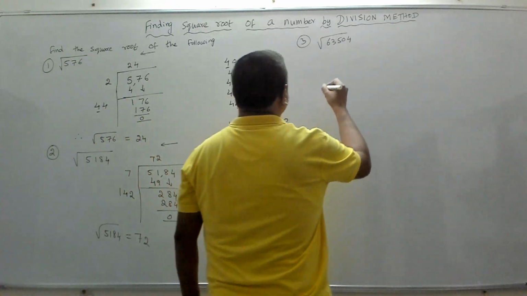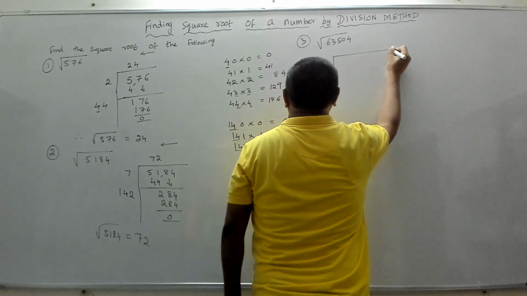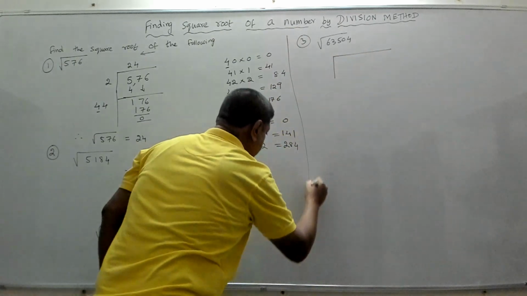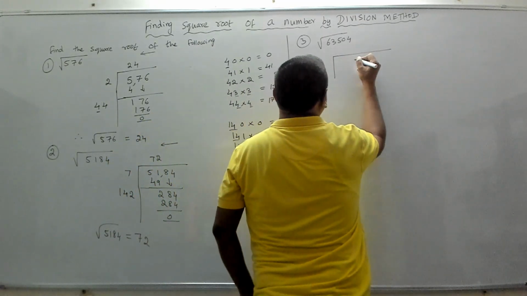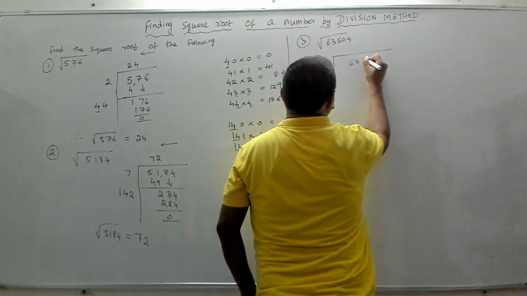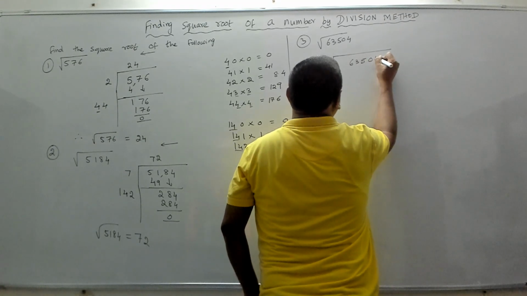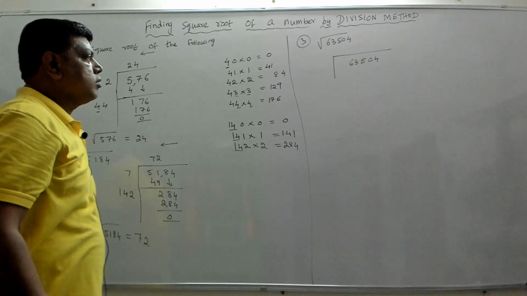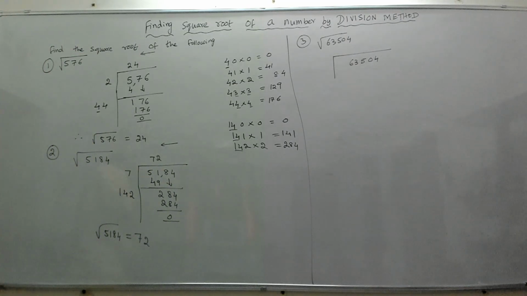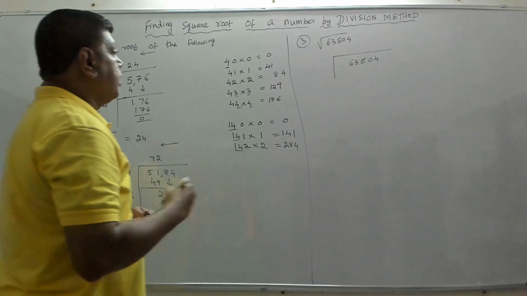Now again, what we'll do, we'll write this here and put a line here. The number that we have is 63504, and we have to find the square root of this number using the division method.